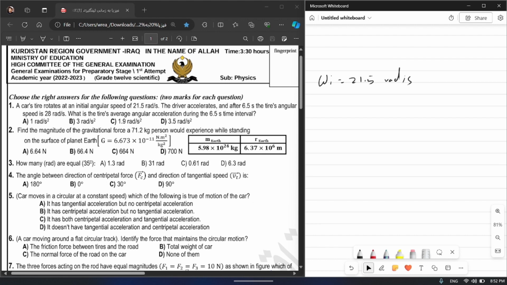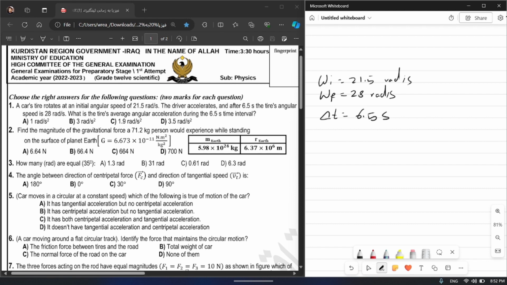The driver accelerates, and after a delta t of 6.5 seconds, omega final becomes 28 radian per second. The question is, what is the tire's average angular acceleration during this 6.5 second time interval?